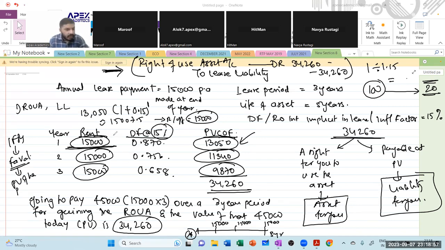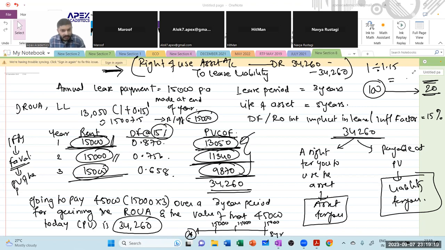So what is the value of 15,000 that you are going to pay after 1 year? Today, it is 13,050. What is the value of 15,000 that you are going to pay after 2 years? Today, it is 11,340. What is the value of 15,000 that you are going to pay after 3 years? Today, it is 9870.